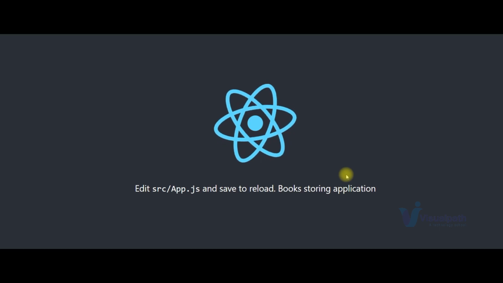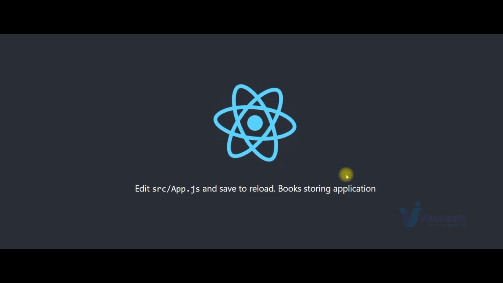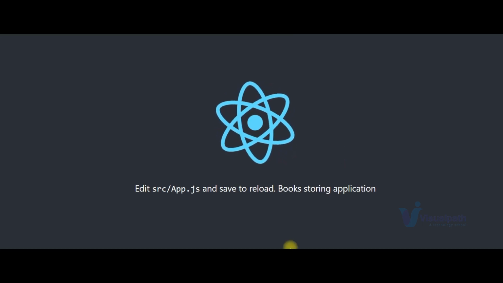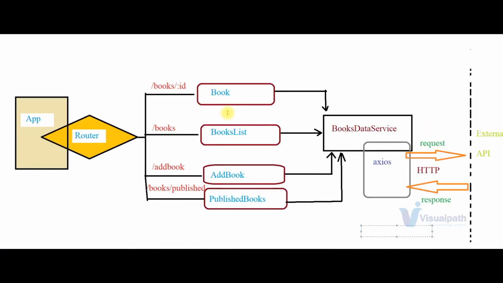So now in this application we are going to create our components, whatever is required for our React application. Next we'll be adding the router, and we will add Bootstrap also later.